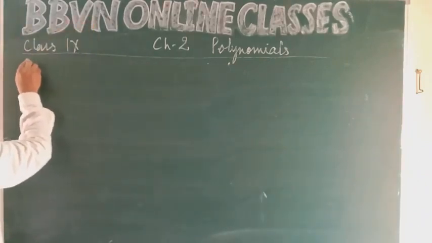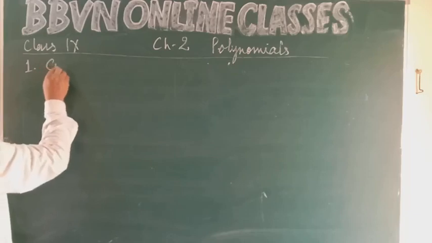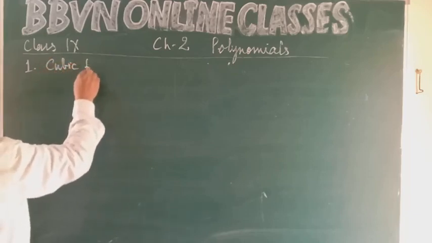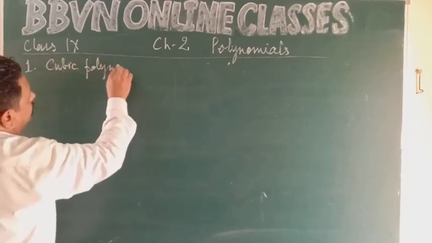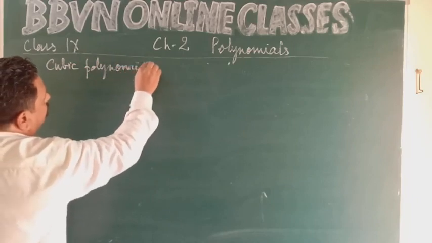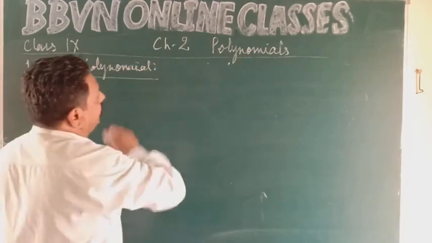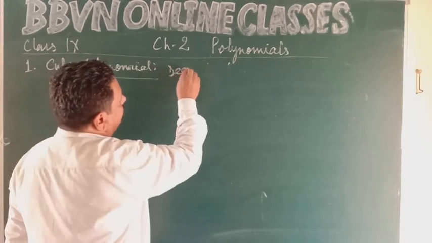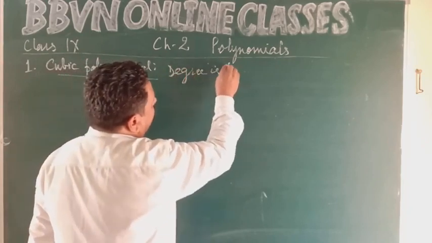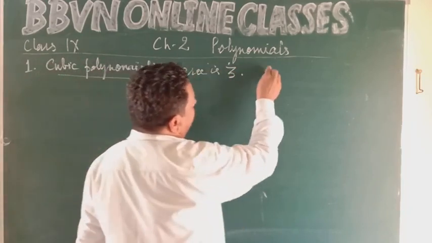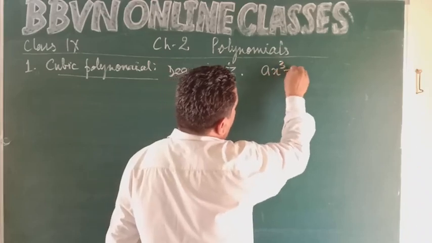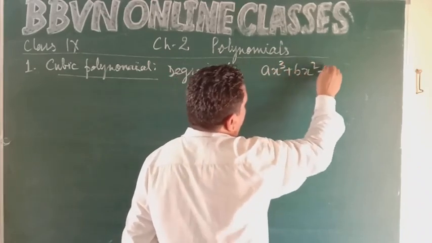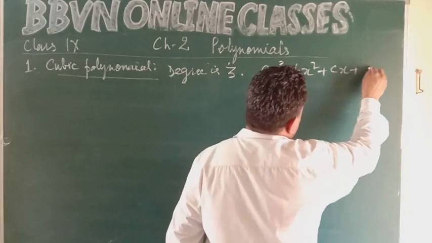Now, cubic polynomial. Cubic polynomial means its degree is 3. So what will be the general form? Ax cube plus bx square plus cx plus d.